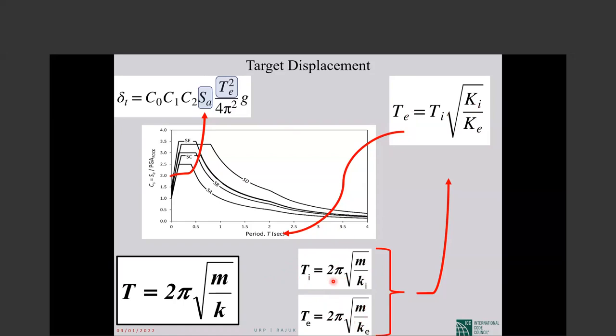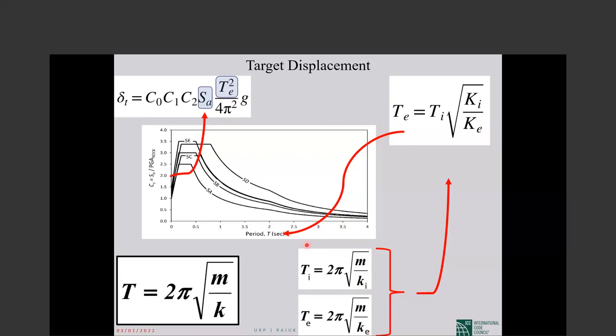So, for example, here we say, okay, during an earthquake, yes, mass changes. Some floors maybe, some of the mass falls, but it's not that much. But mainly stiffness changes.